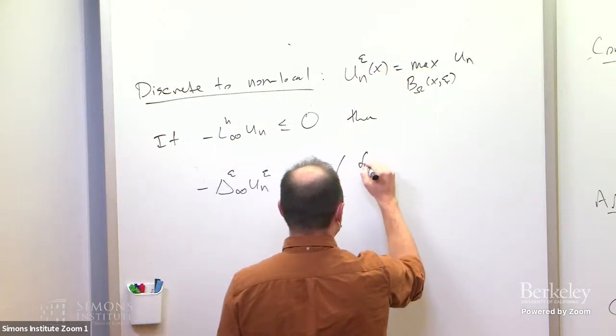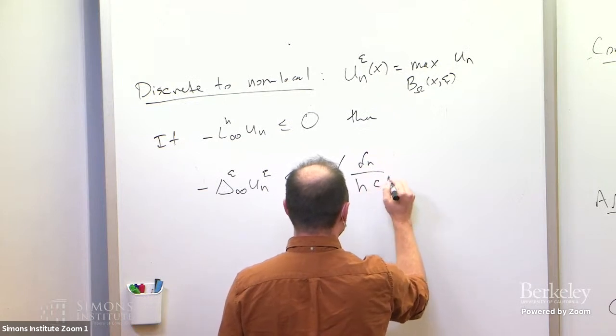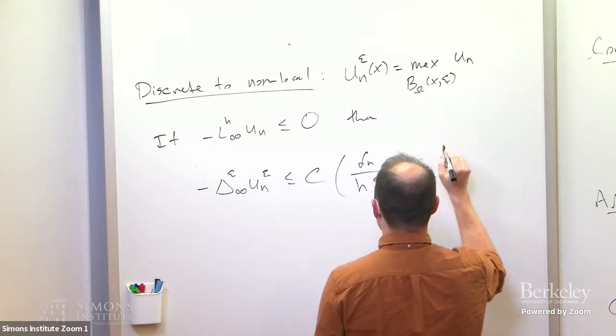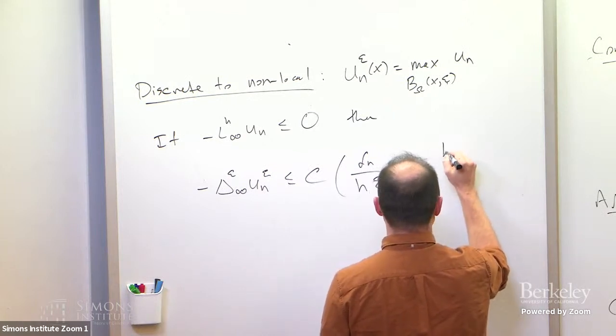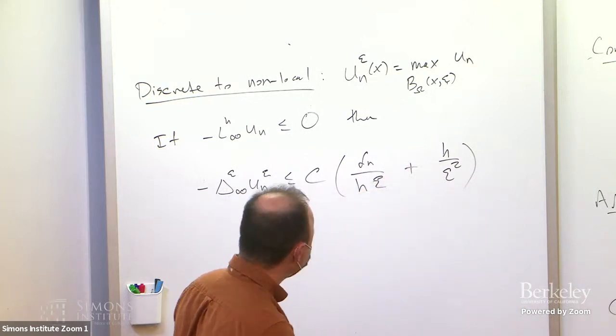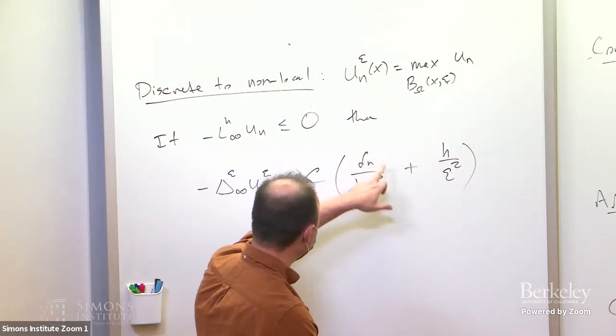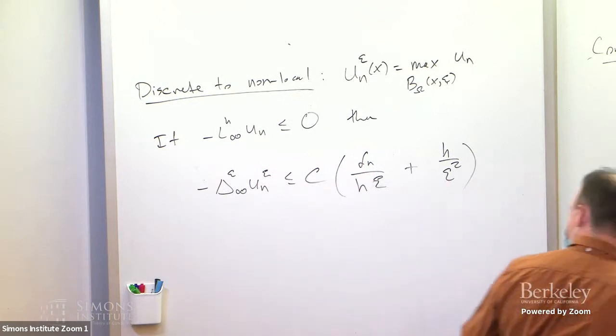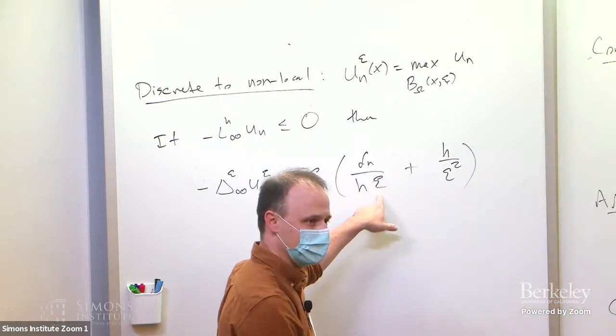Approximately 0. So you get delta n over h epsilon plus h over epsilon squared. And in some sense, this term here, you should kind of think as playing the same role as this term in Smart's rate, but we've decoupled the h and epsilon, so one of the h's became epsilon.